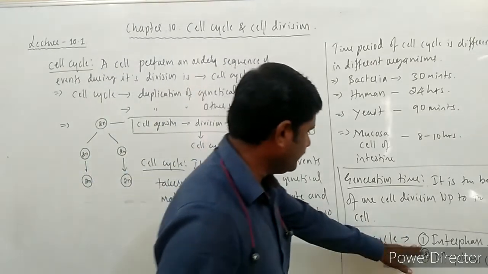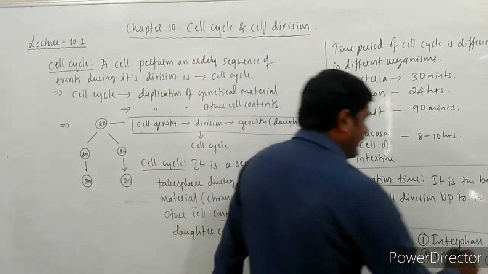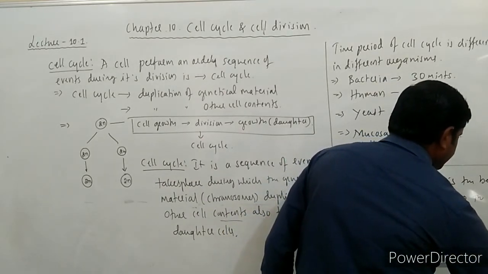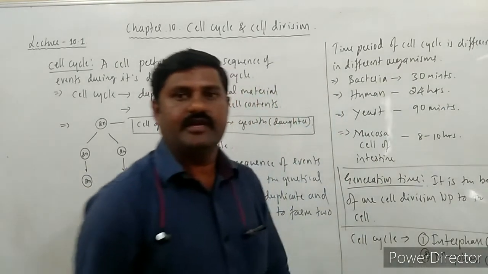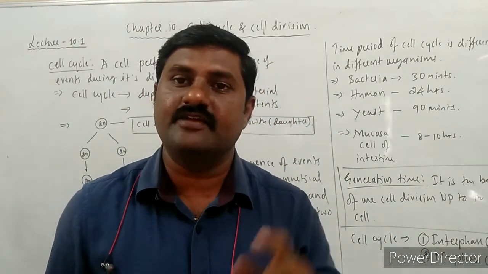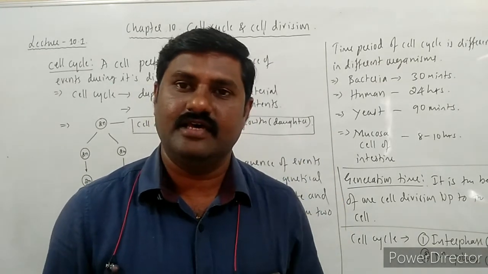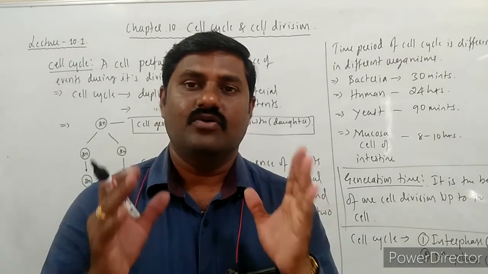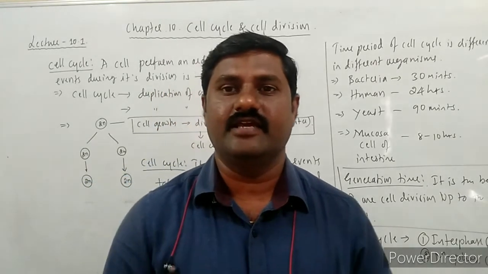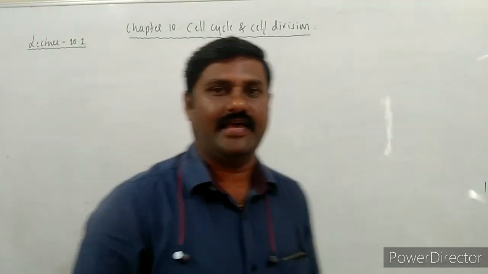So these two phases we come across in the cell cycle. This interphase is said to be the preparatory phase, and this one is called the division phase. Right? So there are two phases that we come across in the cell cycle. So what they are, how they are, everything that we study now. Now the phases of cell cycle.